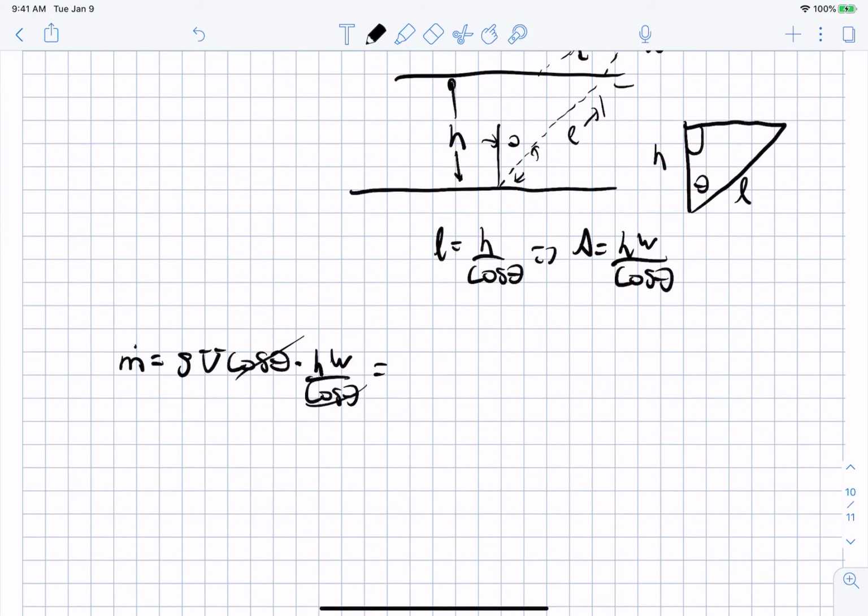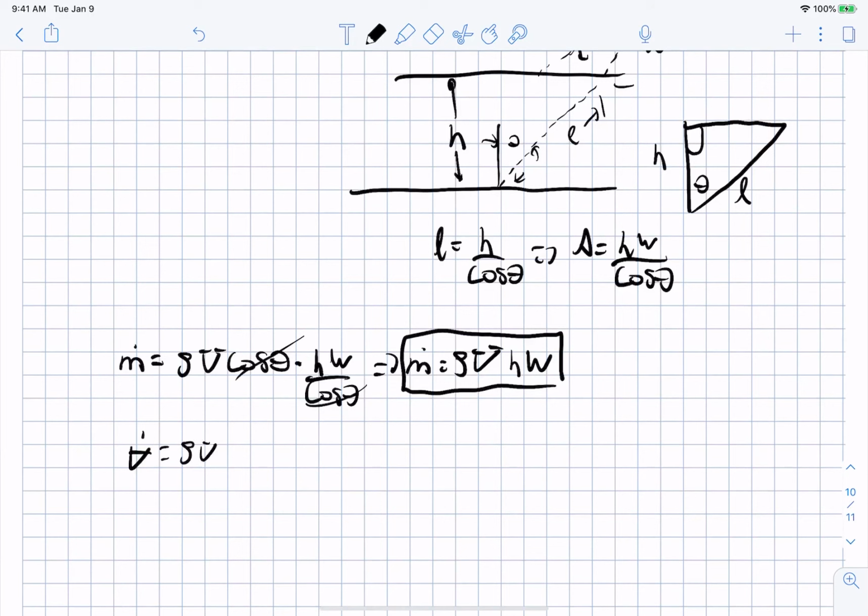So this implies that m dot equals rho times the x component of the velocity times hw. Then similarly, the volumetric flow rate equals rho v cosine theta times the area, which is hw over cosine theta. Again, the theta dependence disappears, and this implies that the volumetric flow rate is equal to v hw.